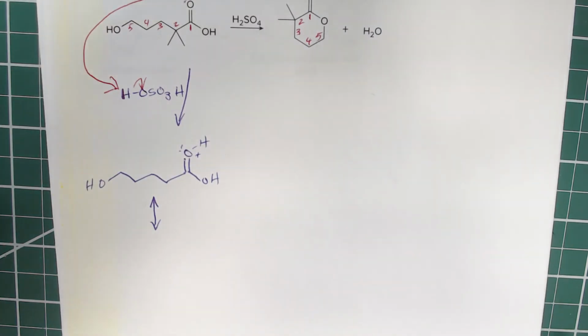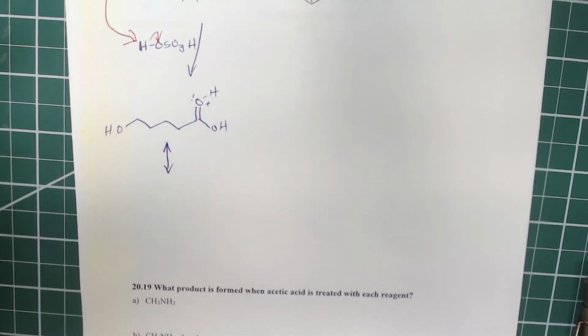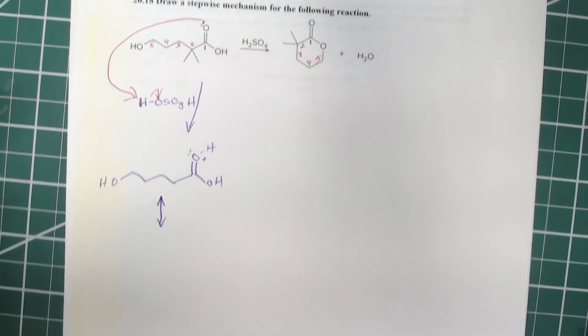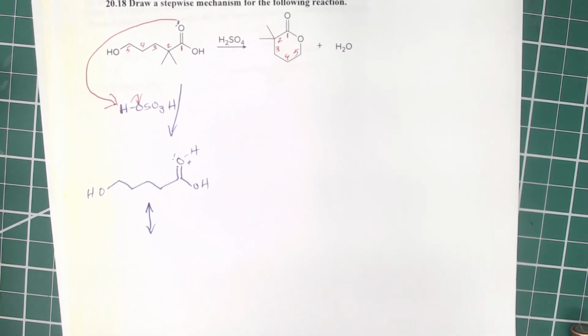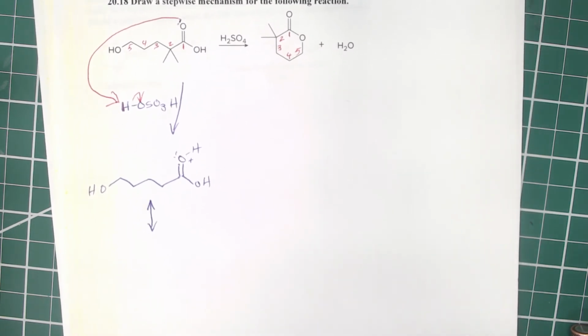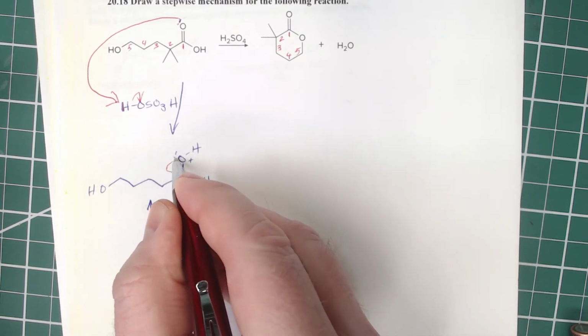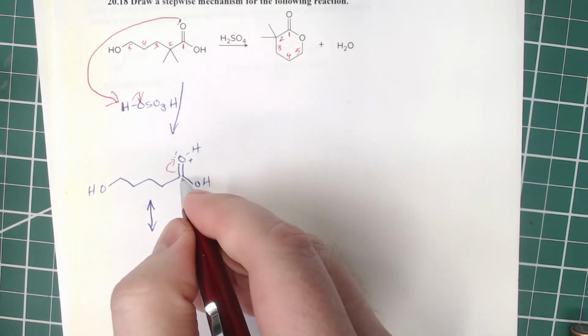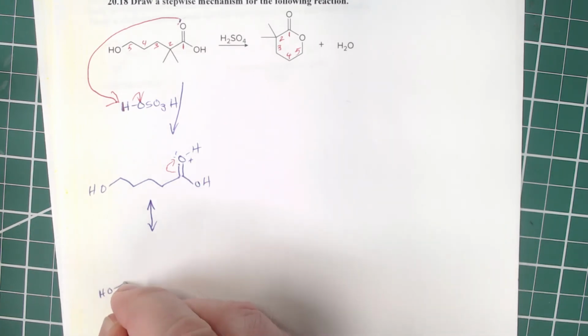All right. And excuse me for a second. I'm going to go back a little bit so we can get the whole mechanism all at once here. All right, there we go. Hopefully we get that all in there at once. All right, so we're going to take this pair of electrons that is the pi bond, and we're going to kick it out to the oxygen, and that's going to put a positive charge on this carbon. So HO.